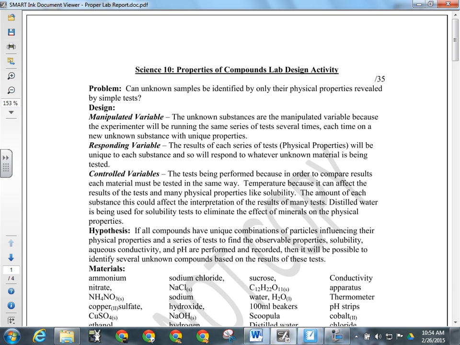That way everything the next morning was the same temperature. The amount of each substance, because this could affect the interpretation of the results of many tests, especially the solubility test, right? If I put a heaping pile in there, I'd never get it all to dissolve. Distilled water is being used for the solubility tests because it eliminates the effect of minerals, which could be in tap water, on the physical properties.